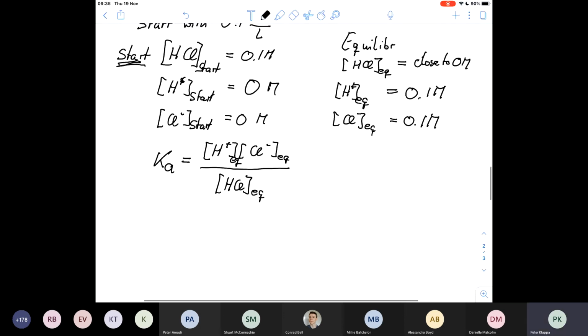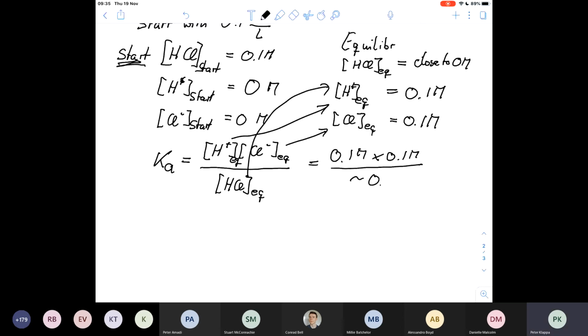Okay, so we said we have here 0.1 molar, this one, that's this one, times 0.1 molar, divided by this one, and that is close to 0 molar.